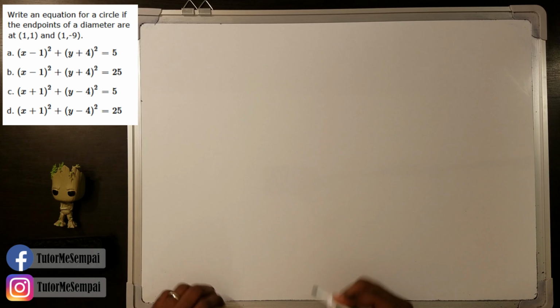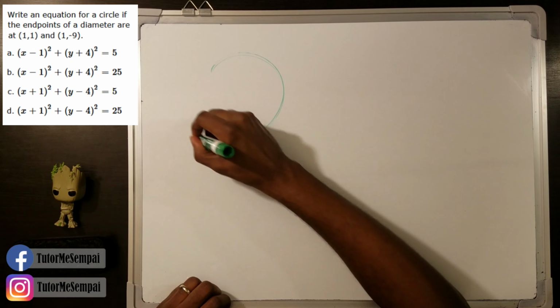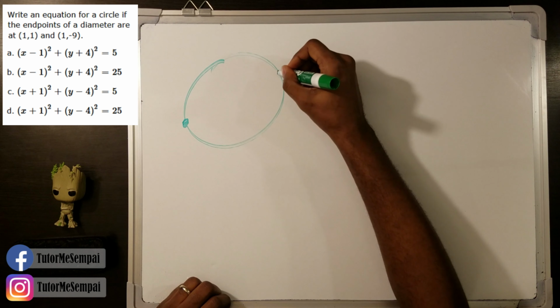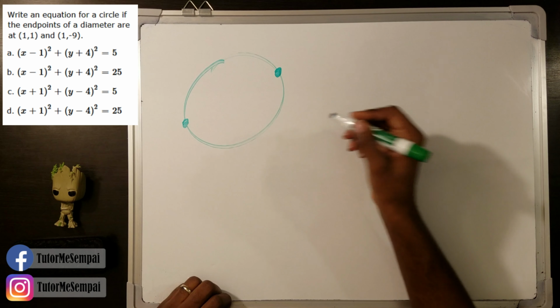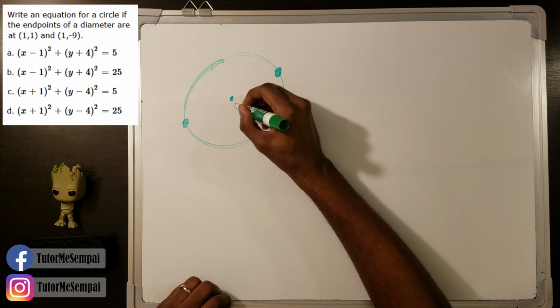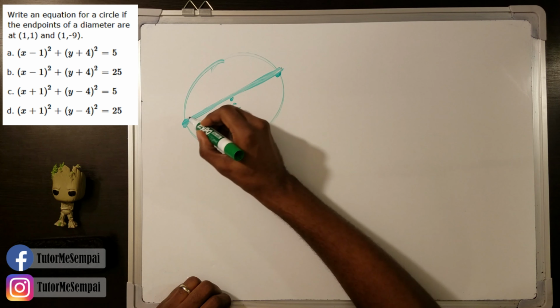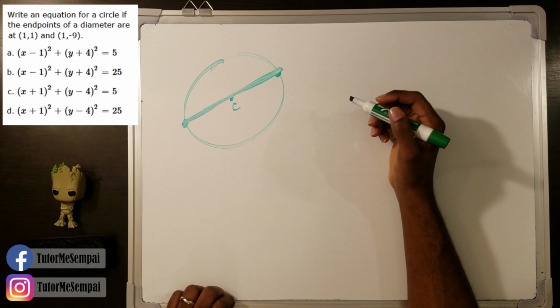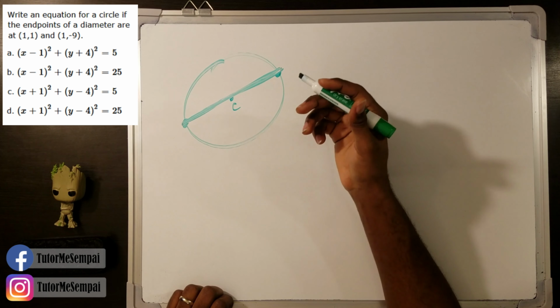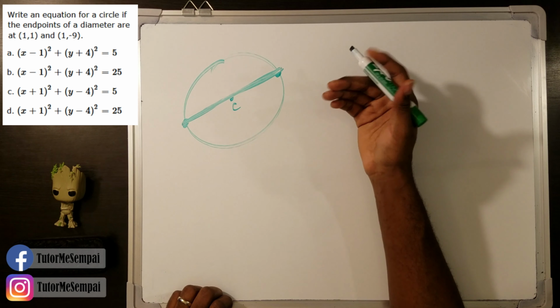So remember, we said the diameter is going to be from one point to the other side of a circle, but we have to pass the center. So this is saying we're going to go from 1, 1 to 1, negative 9.